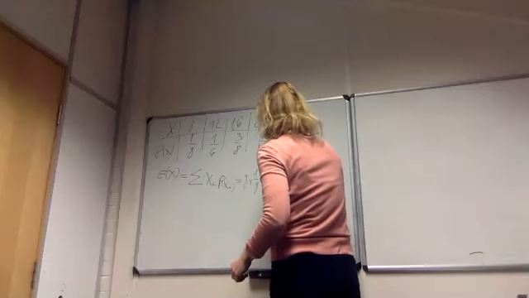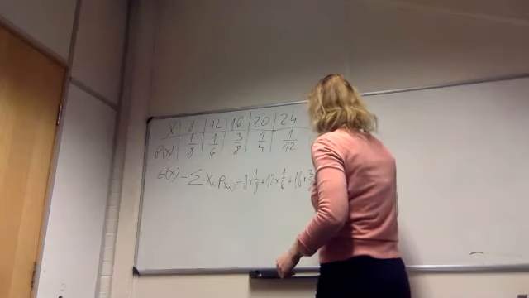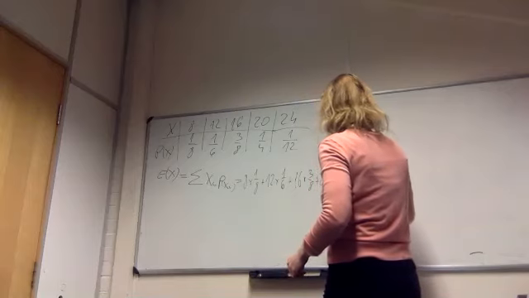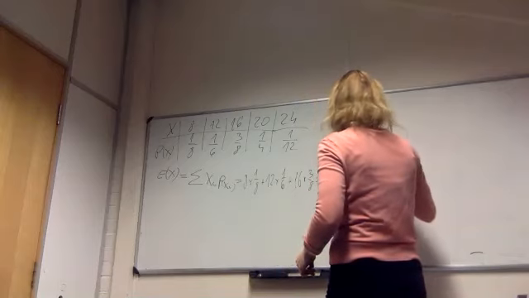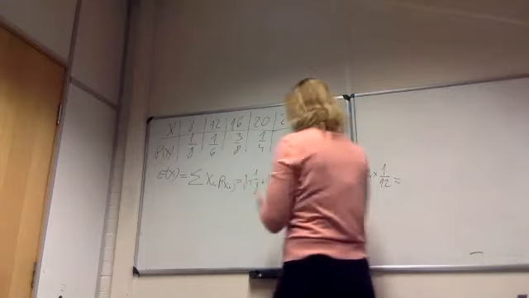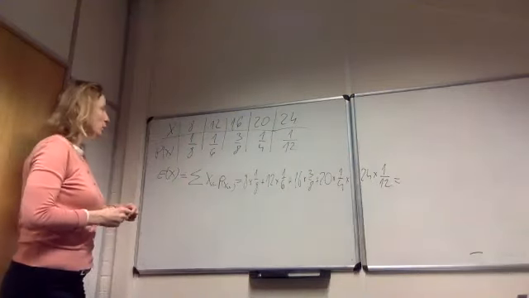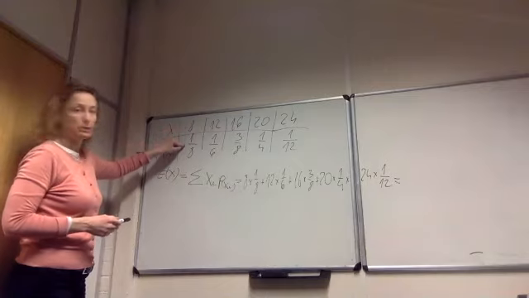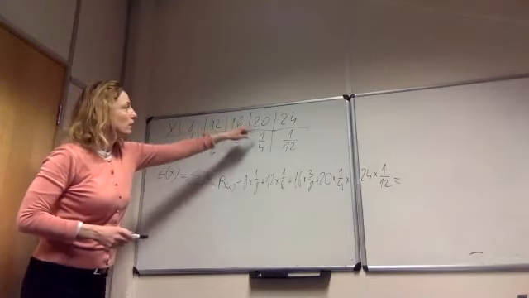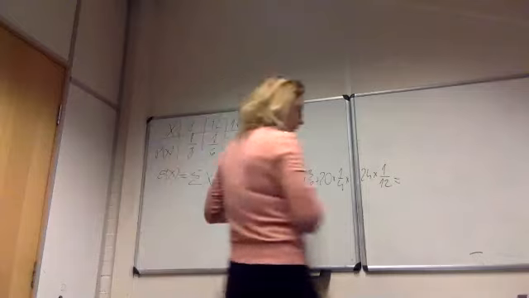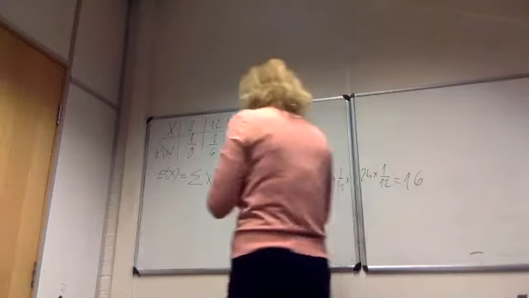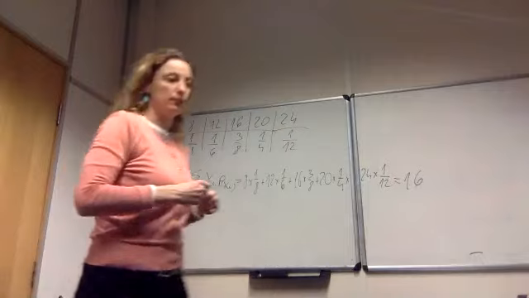So we have 8 times 1/8 plus 12 times 1/6 plus 16 times 3/8 plus 20 times 1/4 plus 24 times 1/12. Each x is multiplied by its probability, and then we add them up. In this way we get 16.